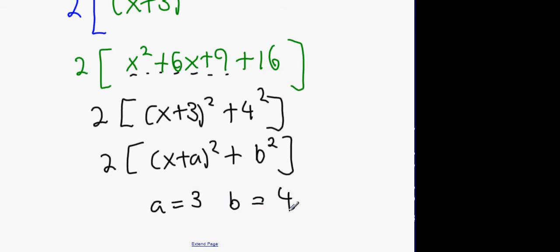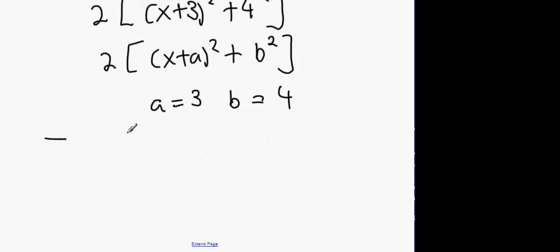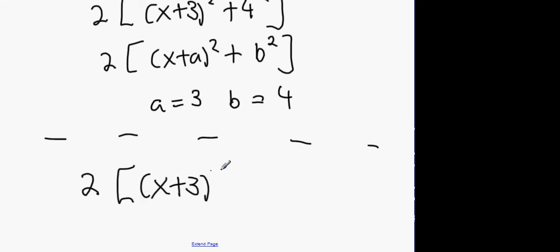We're now asked for the minimum value. What we had a second ago was 2(x plus 3) squared plus 16. It wants this to be as small as possible.